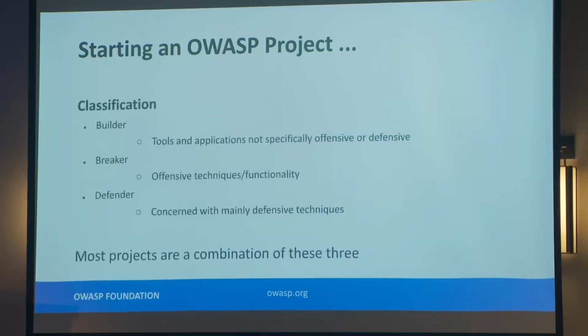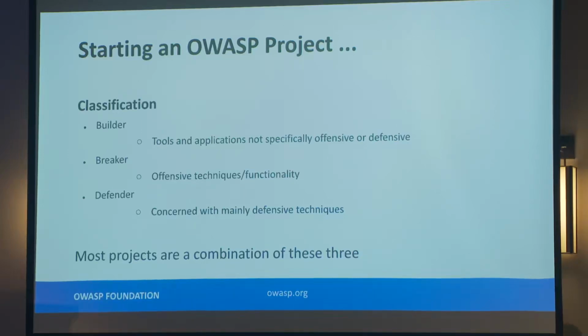And then there's the classification. I don't know how many people actually think that these are applicable, right? It's getting really difficult to determine where these fit within a particular project. So I'm not a stickler on you choosing one and it has to stick in this particular classification. But as you can see, the builder is for tools and applications, not specifically offensive or defensive.